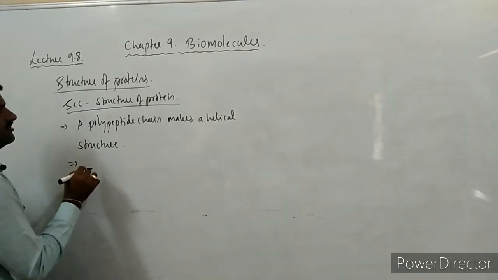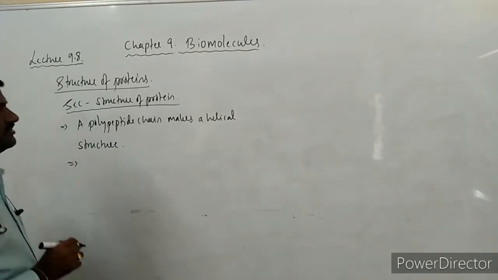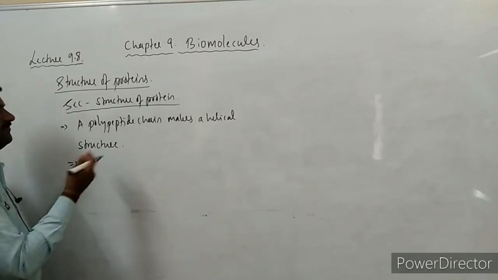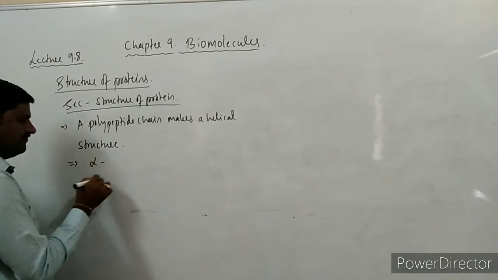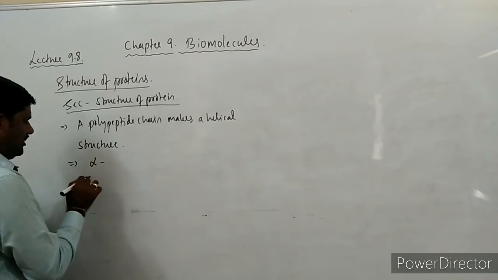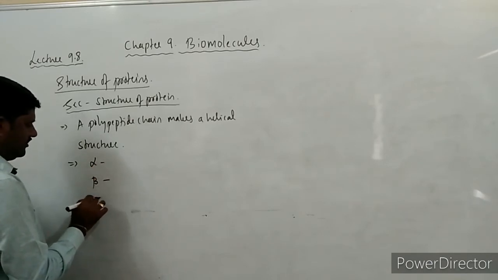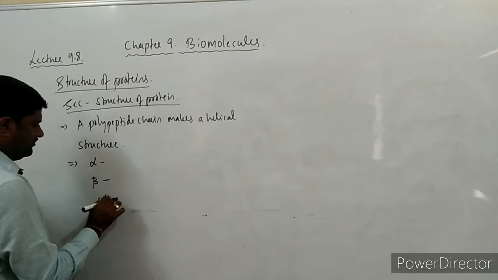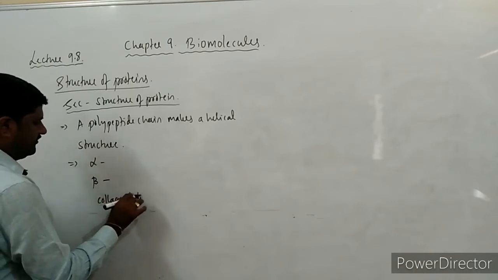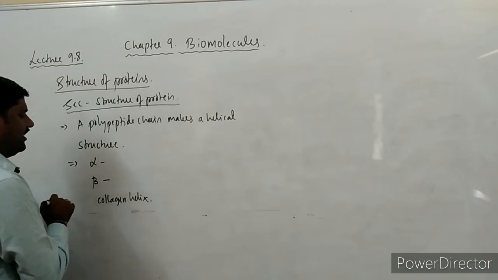This helical structure is of different types: alpha, and second one is beta, and third one is collagen helix itself. It is called collagen helix.